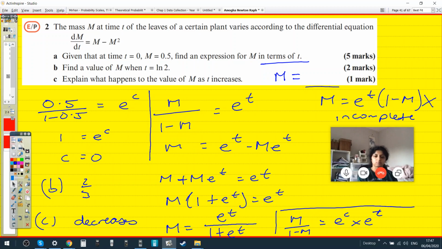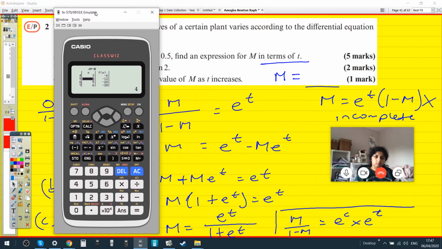If we wrote it our new way, as t approaches infinity. So if we had e to the 9999 over 1 plus e to the 9999. So I'm going to change this into a fraction.